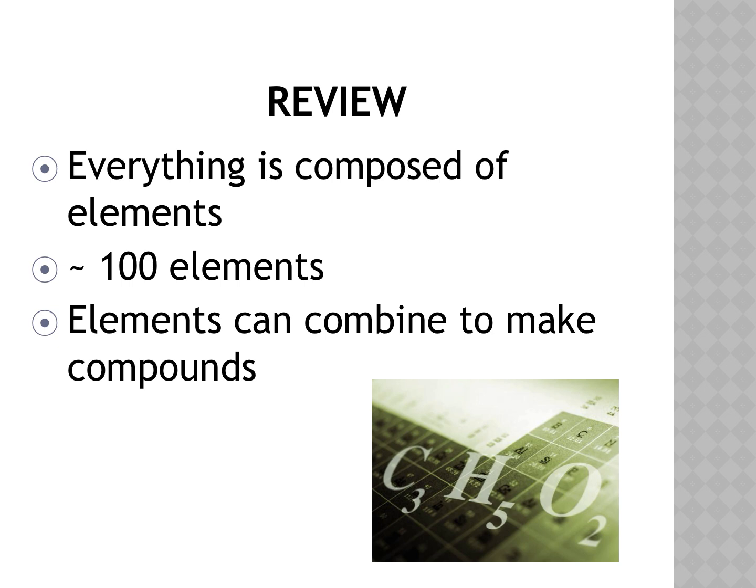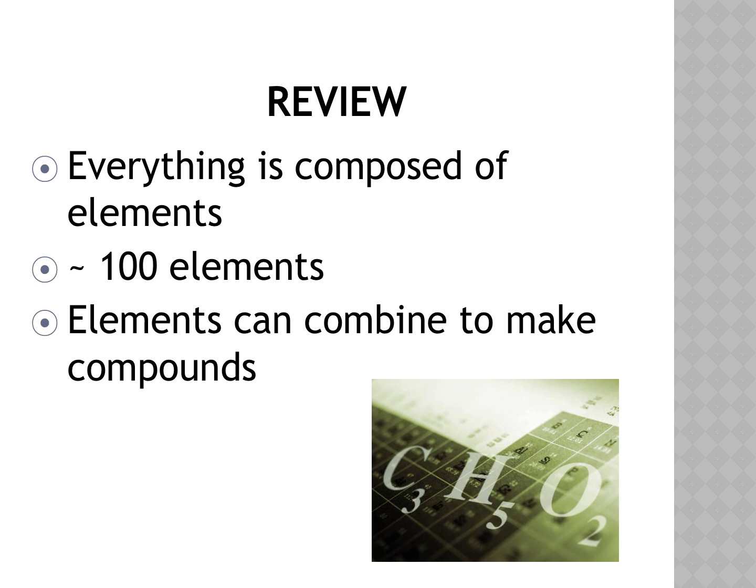So based off that, if there are 100 elements and they can make different combinations, how many compounds are out there, you think? Tens, hundreds, thousands, tens of thousands, hundreds of thousands? A lot, right? Probably tens of thousands, maybe hundreds of thousands.